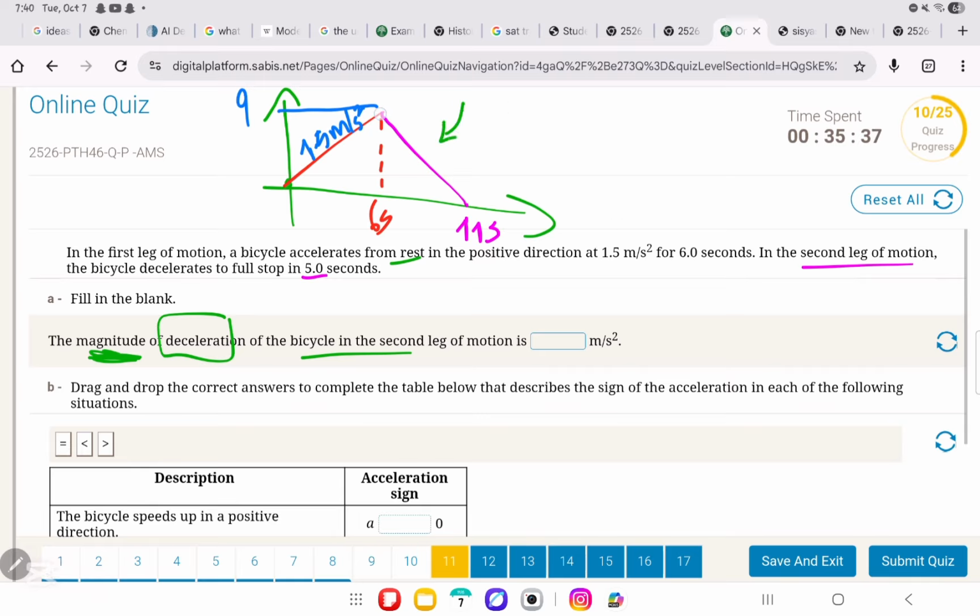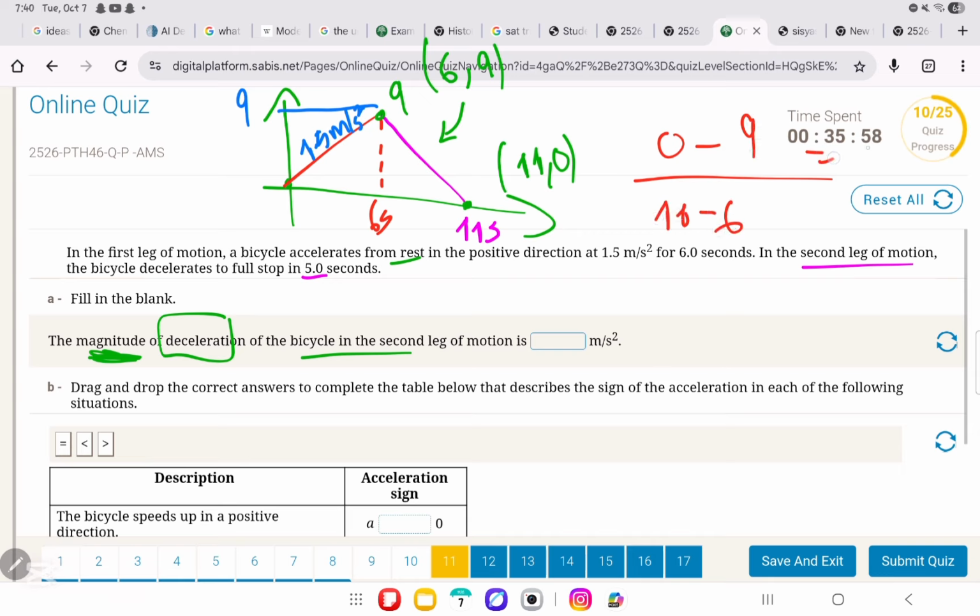We have the point over here, 6 seconds, 9, and this point over here is 11 seconds, 0. So we're going to do (y minus y) over (x minus x): 0 minus 9 over 11 minus 6. That's going to be minus 1.8, I believe, meters per second squared.